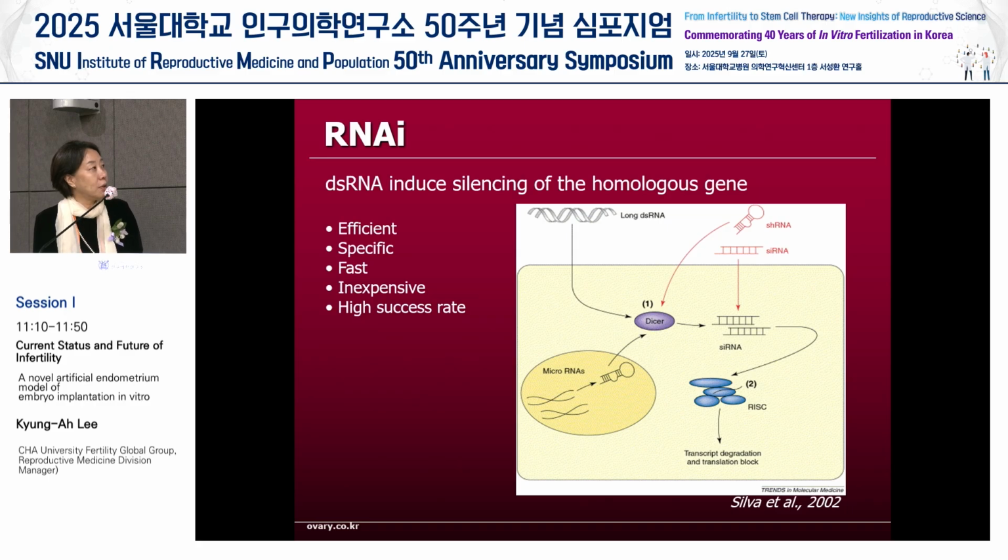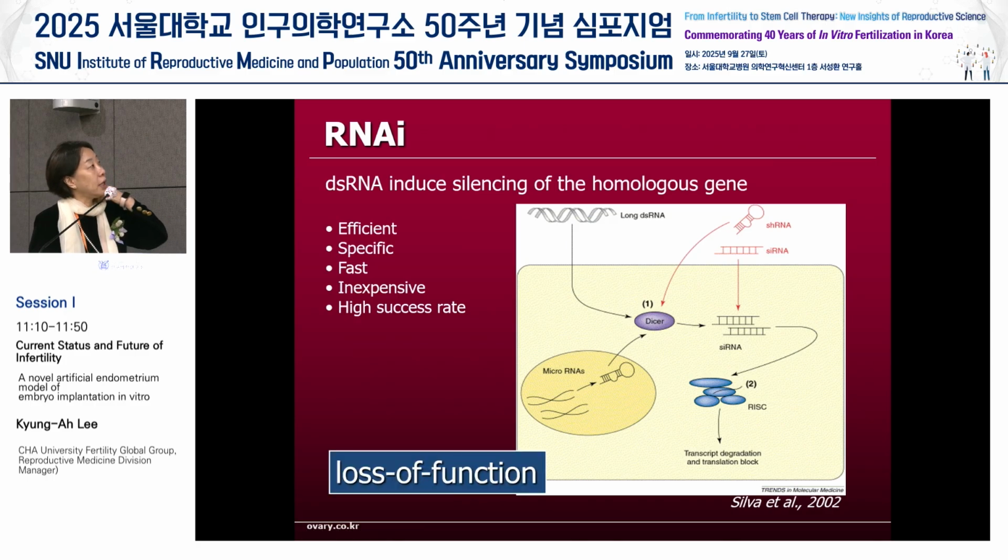I found many target genes, but I didn't have a tool to study their function. But with RNA interference, it is efficient, specific, fast, inexpensive, and it has a high success rate to study loss of function.